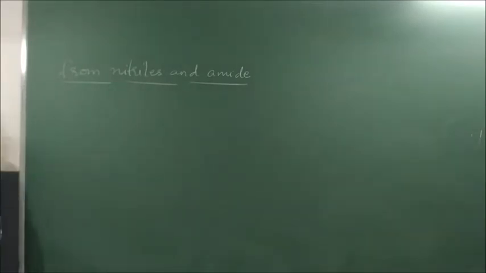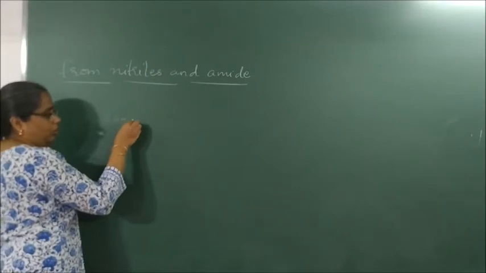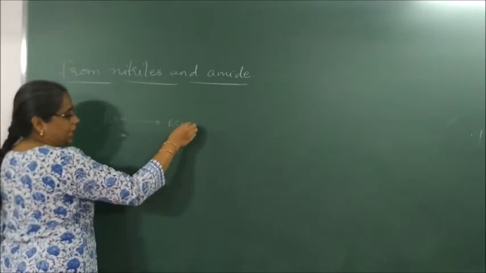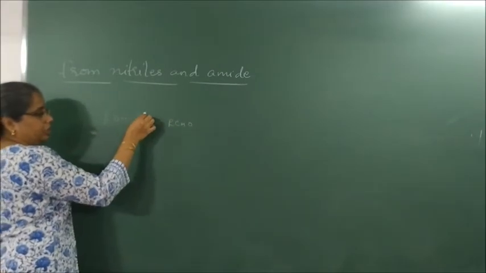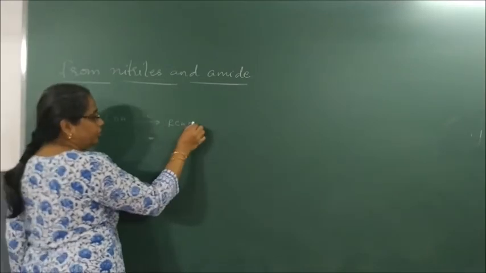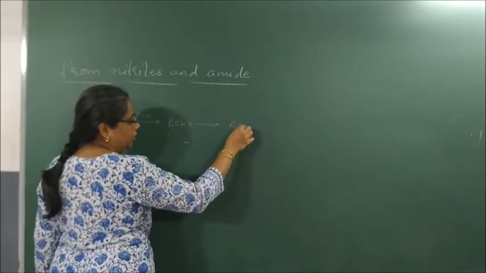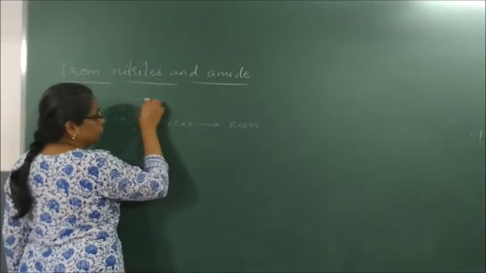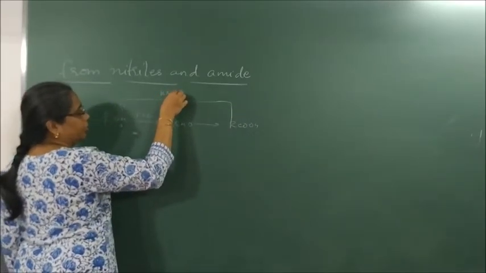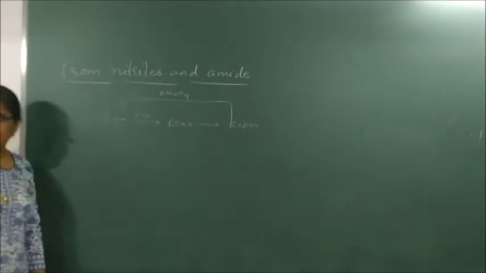So what concepts did we learn? We learned that alcohol on oxidation gives aldehyde. Which reagent? PCC. But if I want to continue this reaction further into acid, I should use what? KMnO4, the commonest oxidizing agent.